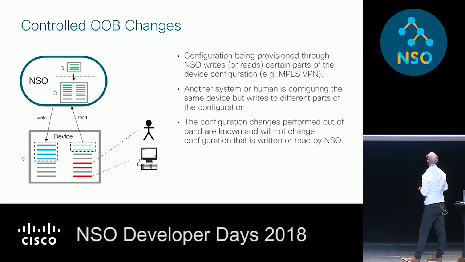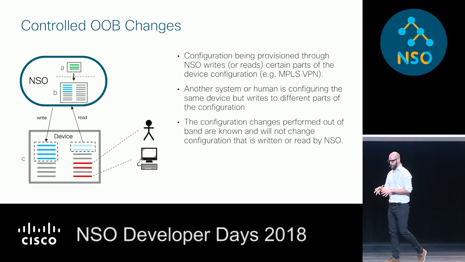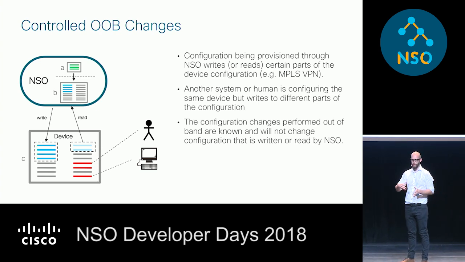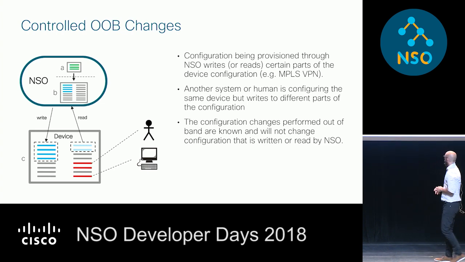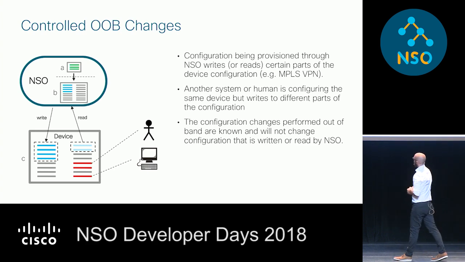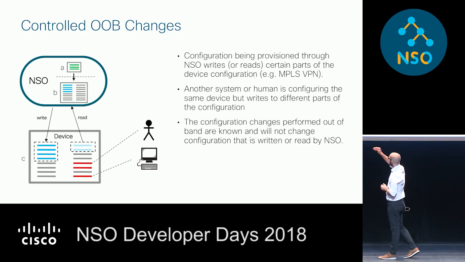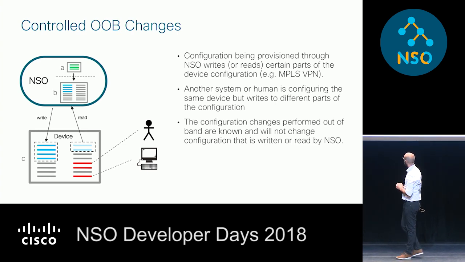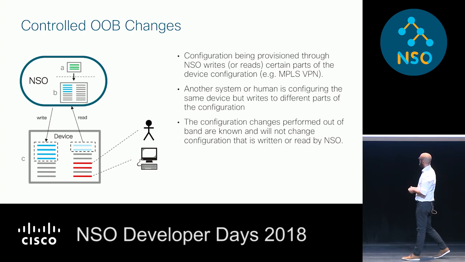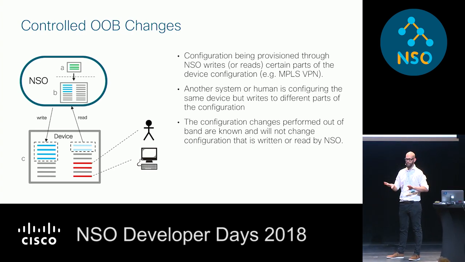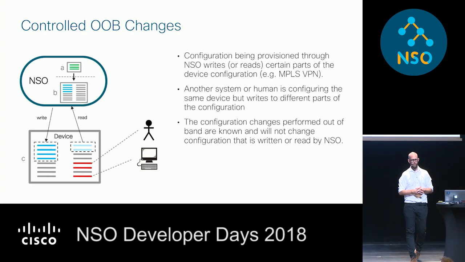This is where you have NSO writing certain parts of the configuration, and you have other humans or systems configuring parts of the configuration that are completely unrelated to what NSO reads or writes. So if you look at the picture here, the dark blue part is something that the NSO service writes, and the light blue is something that it reads. And we have the little red bars there, which is configured by others. It's a completely unrelated, disjoint part of the config.